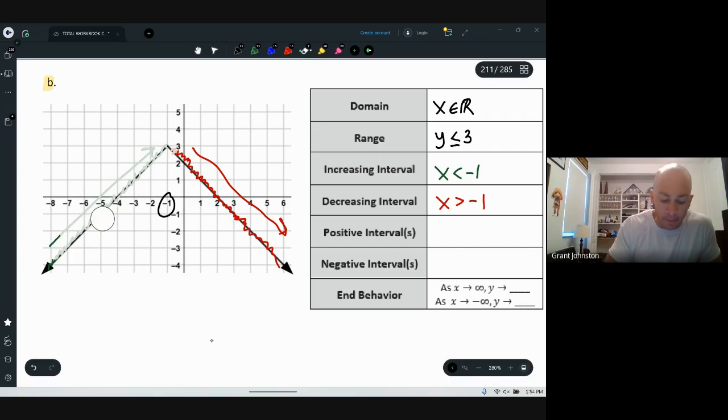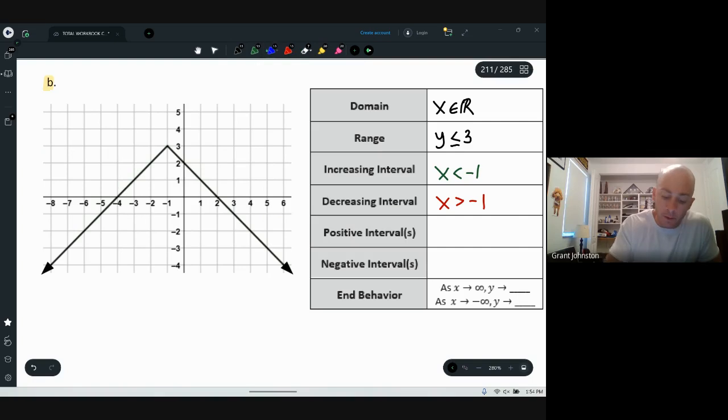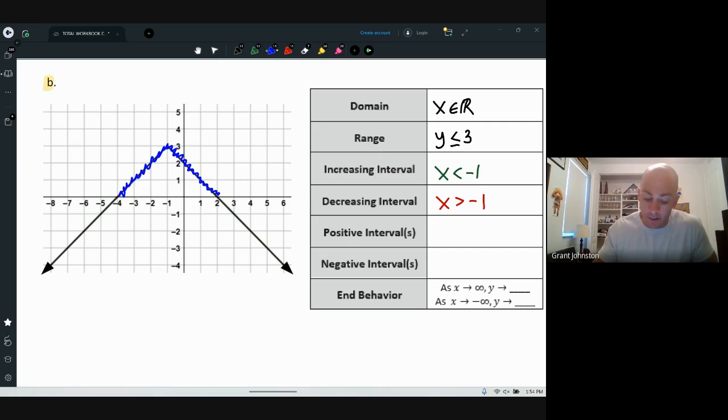Now let's talk about the positive and negative intervals. Remember, positive interval is when it's above the x-axis. So it's positive in this part, and that part is between -4 and 2. That's when it's positive, when x is greater than -4 and less than 2.